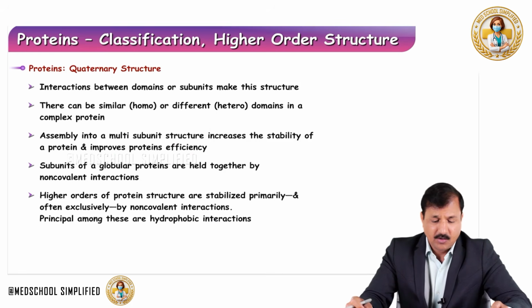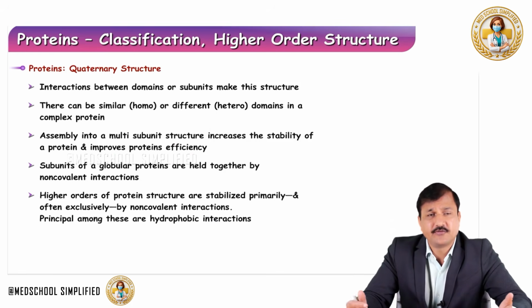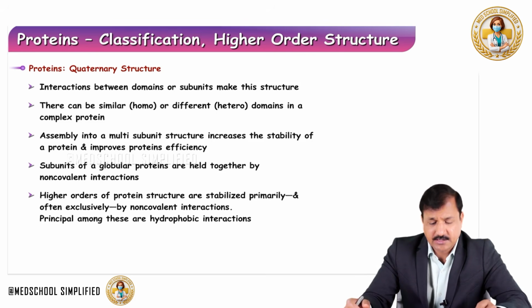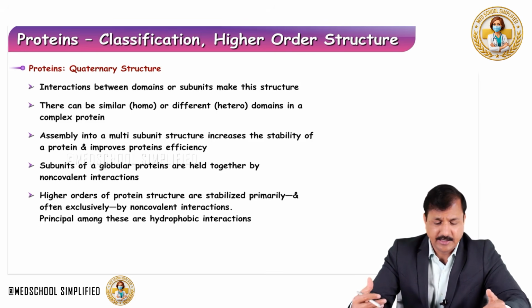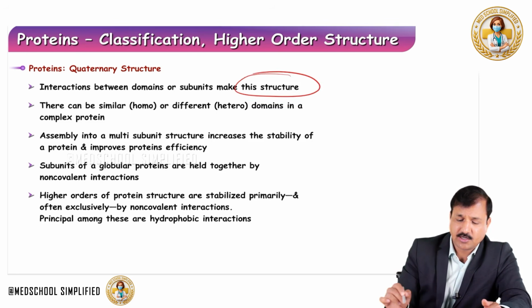Remember. Now, what are the bonds responsible for quaternary structure, and what types of quaternary structure proteins do we have? What if there are similar subunits? What if there are different subunits? Let's look into a little more detail. The interaction between domains or subunits makes this quaternary structure.